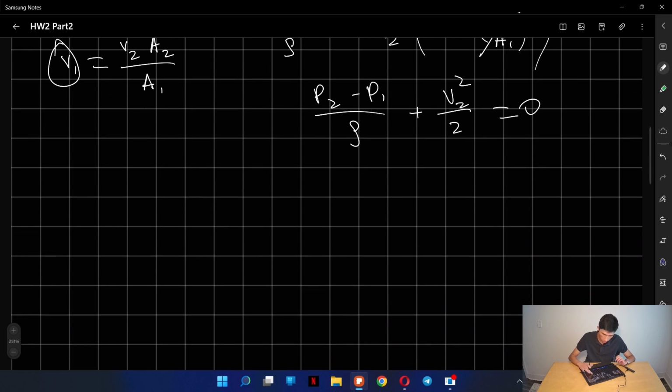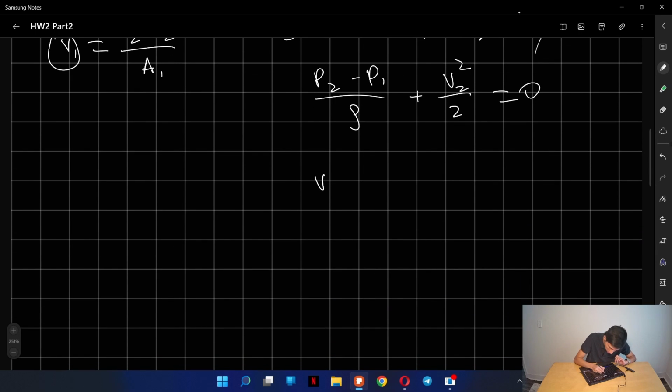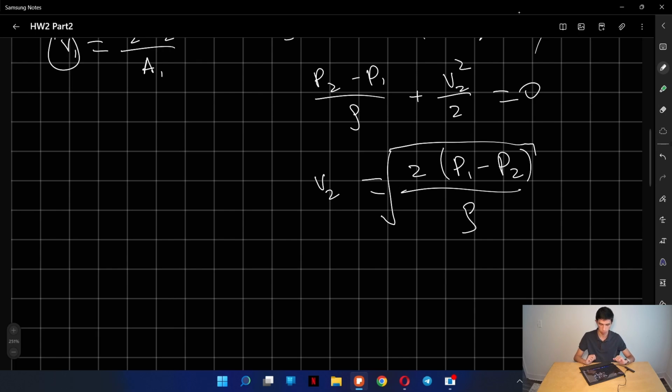And now if I want to solve for the velocity at point 2, that's going to be 2 times, so it's going to be negative, so I can change the order of pressure, so it's P1 minus P2 now, over rho. And if I want to get rid of the square, I'm going to take the square root of it.